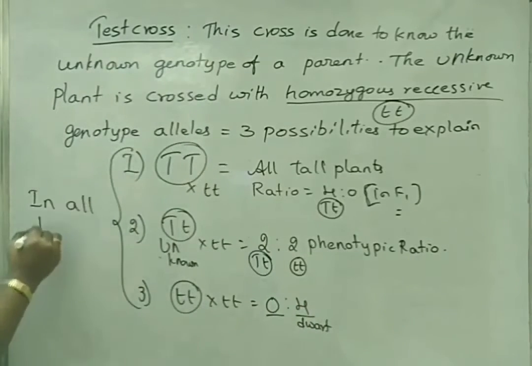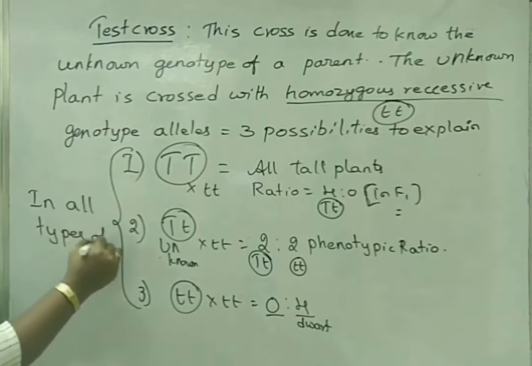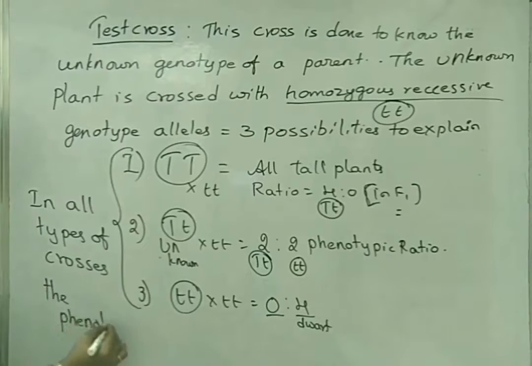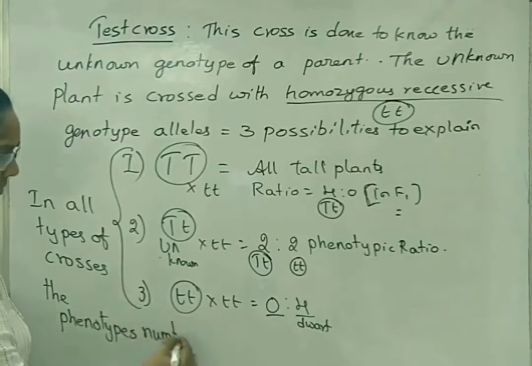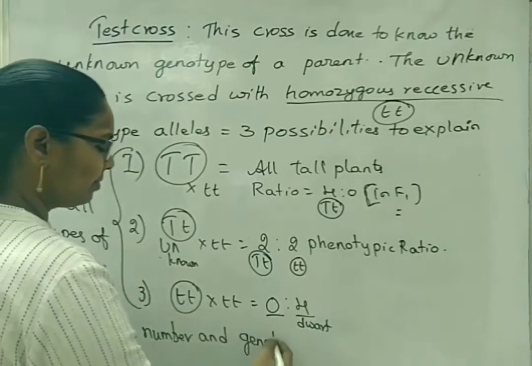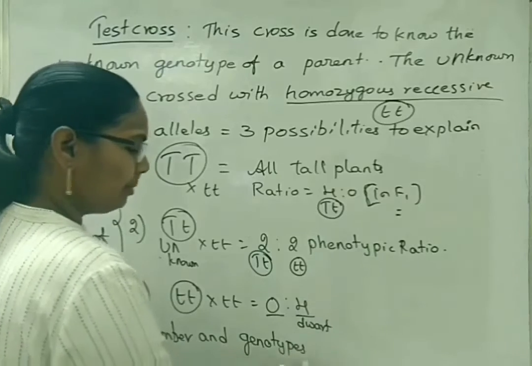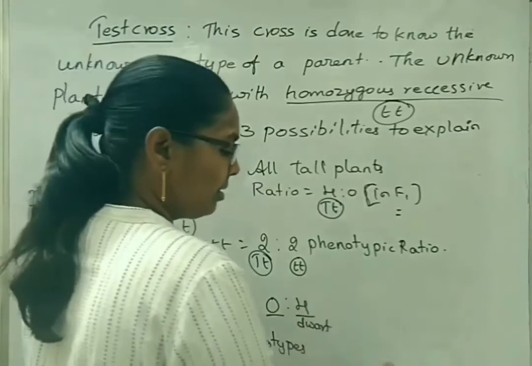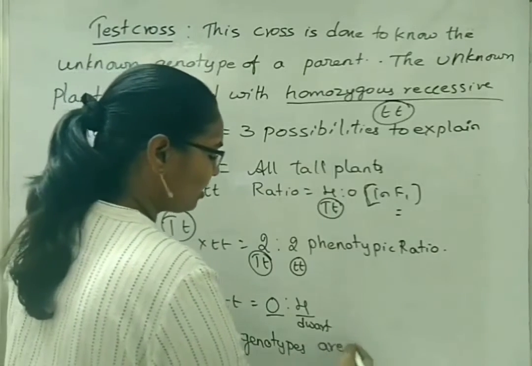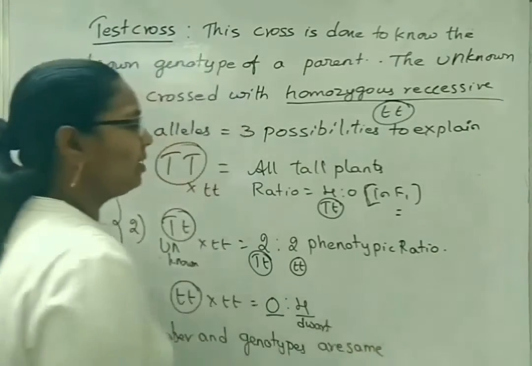In all types of crosses, the phenotype number and genotypes number, we can tell, or ratios, are simply the same.